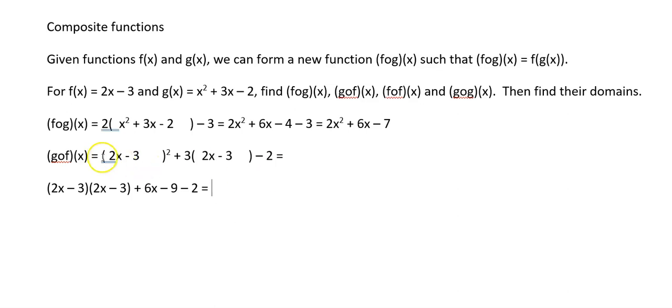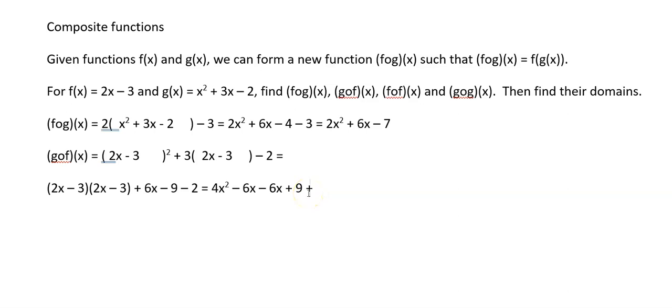But now let's FOIL out our 2x minus 3's. 2x times 2x is 4x squared. 2x times minus 3 is minus 6x. Minus 3 times 2x is minus 6x. And minus 3 times minus 3 is positive 9.